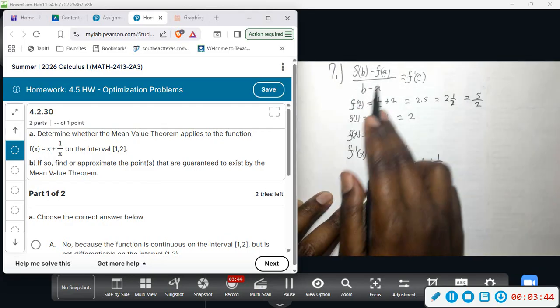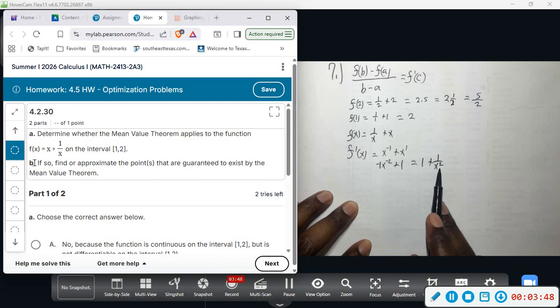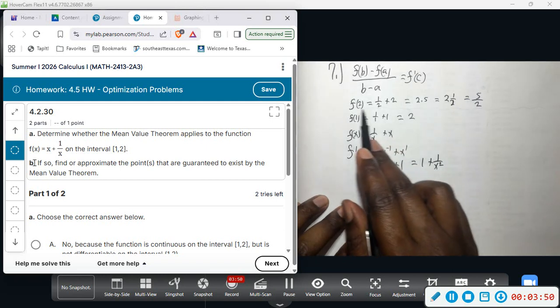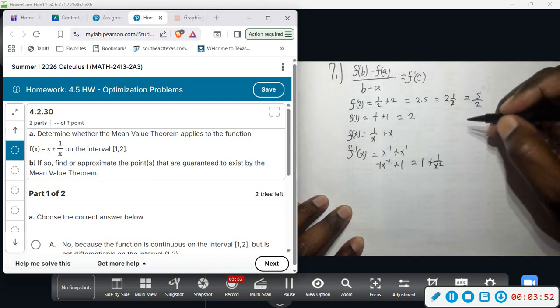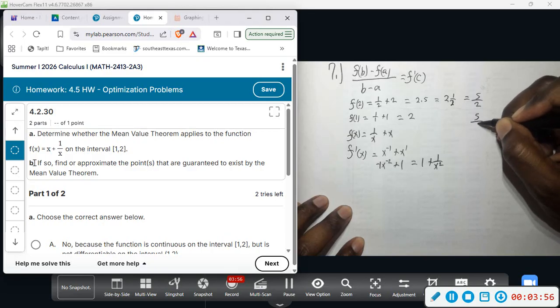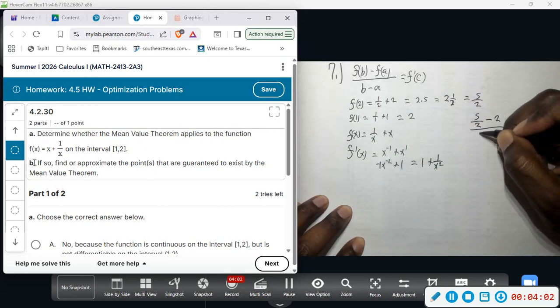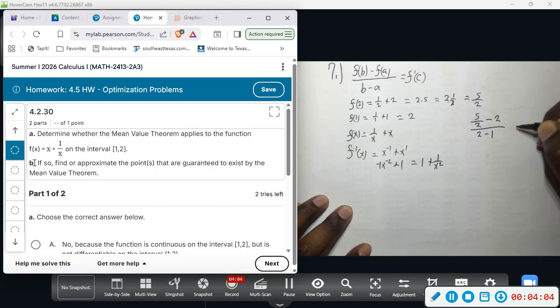And so we're going to set slope equal to derivative and solve for x to find that point. So our slope, f of 2 minus f of 1, is going to be 5 over 2 minus 2, all over 2 minus 1. That's going to be equal to 1 minus 1 over x squared.